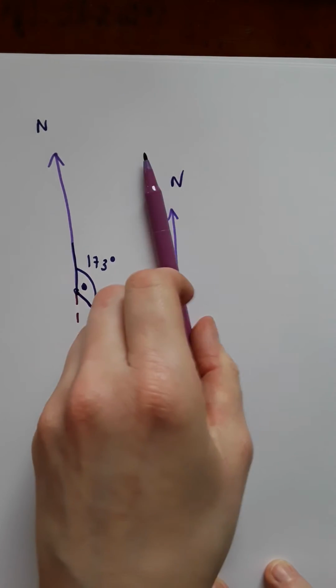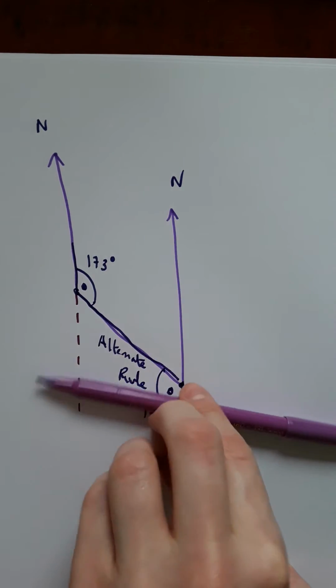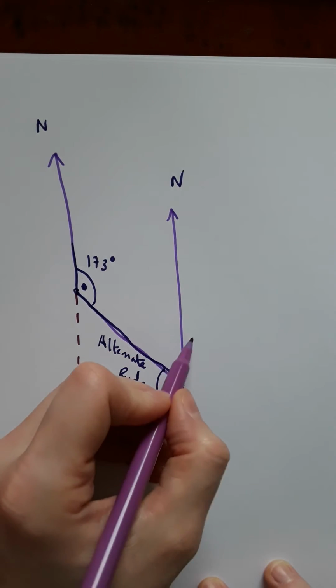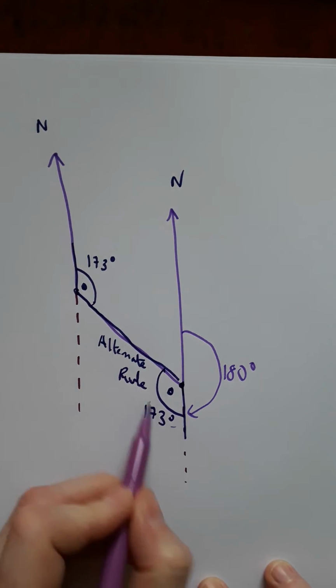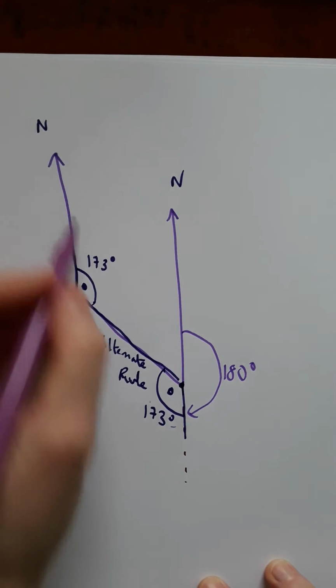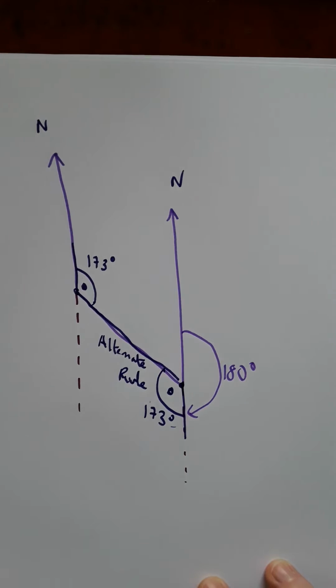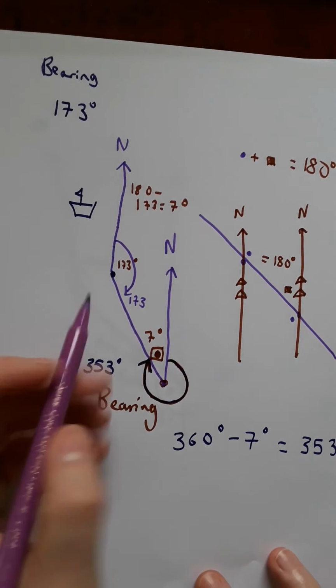Now, if I'm facing north and I have to travel all the way around to face up here, I have to travel 180 degrees and then my extra 173 to face this way. So you can either look at it in terms of 360 using a co-interior rule.